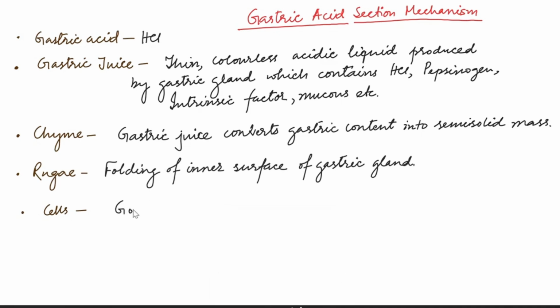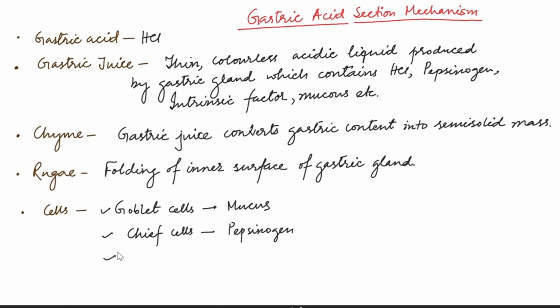The first one is goblet cells, which secrete mucus. The second one is chief cells, which secrete pepsinogen, which converts to pepsin, which helps in the digestion of protein.